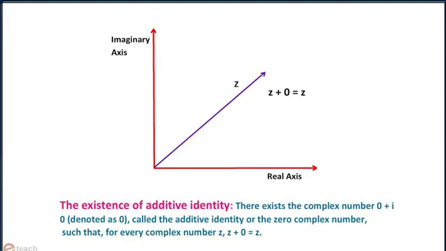There exists the complex number 0 plus iota times 0, which is denoted as 0, called the additive identity or the zero complex number, such that for every complex number z, z plus 0 equals z.